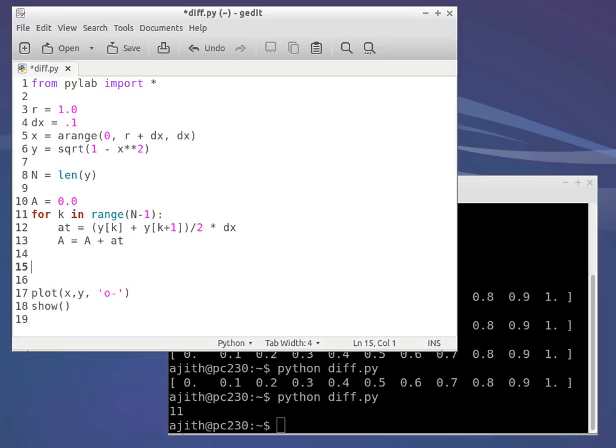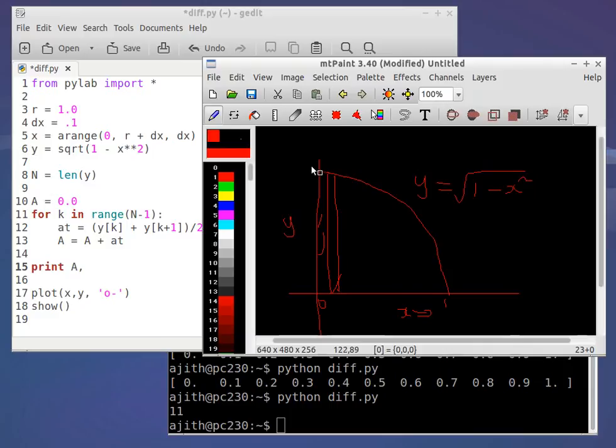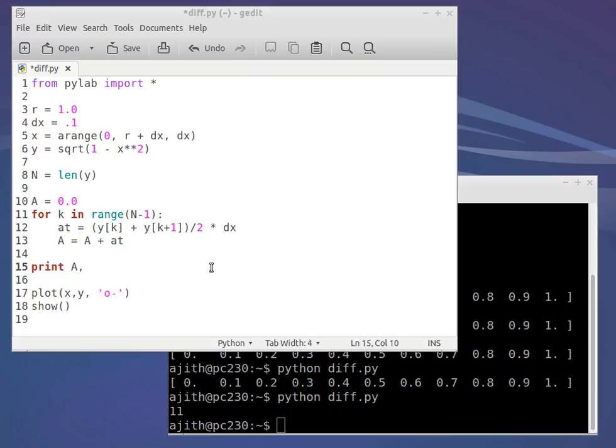Okay. Now here we print our result a. And what is the expected result? If you have a circle with radius r, area is equal to pi r square. So this r is 1, that means pi, so for a quarter of the circle the area will be pi by 4, right? Area of a quarter of the circle with unit radius is pi by 4.